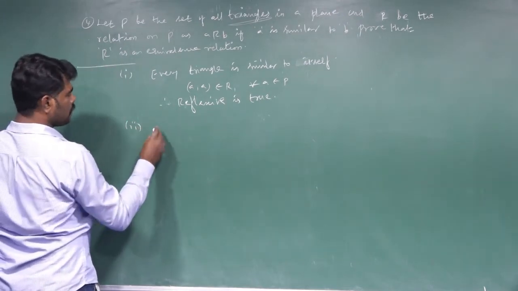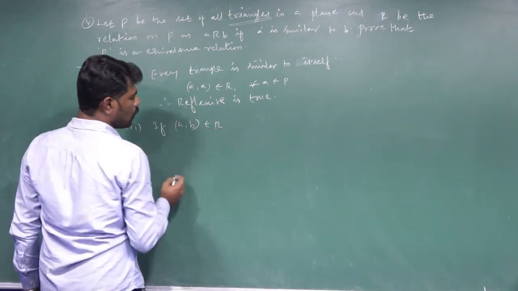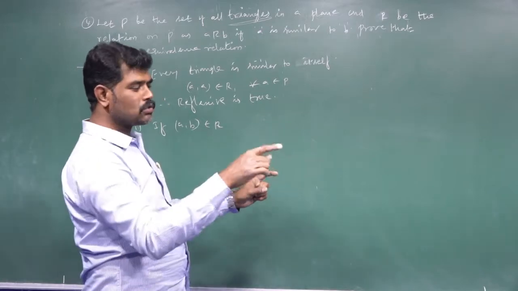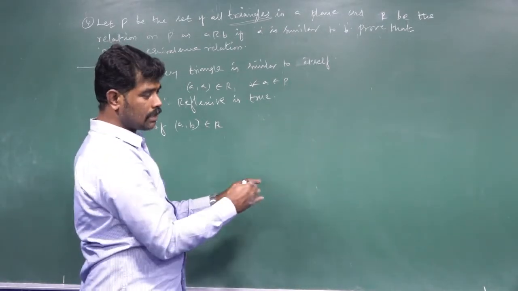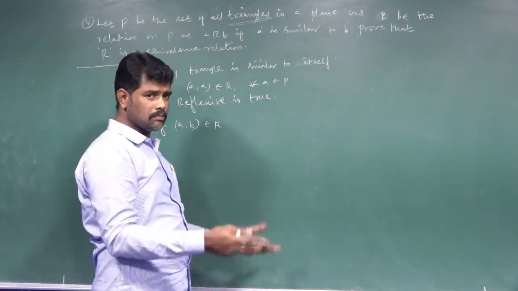Second case, if A comma B belongs to R, meaning triangle A is similar to triangle B, then in the reverse manner, can you say that triangle B is similar to triangle A or not? It is similar only.